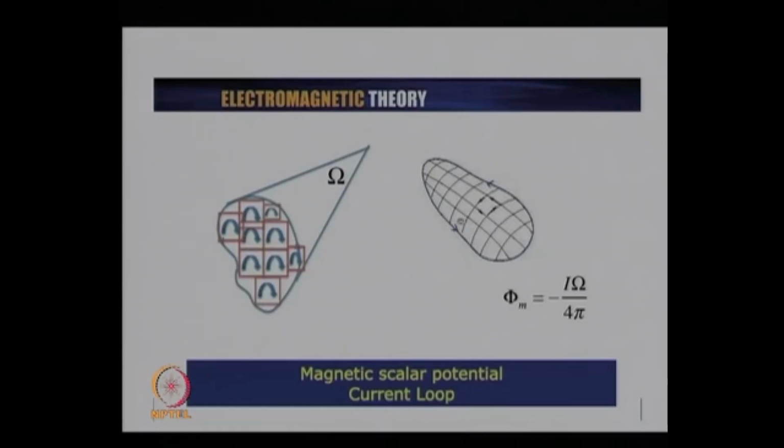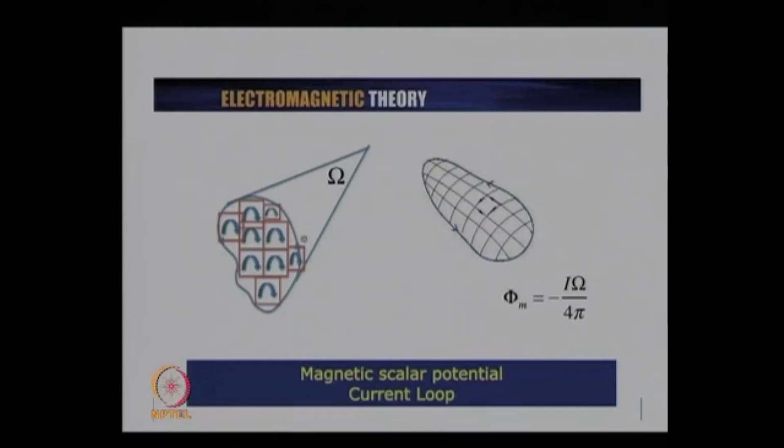Now, I can divide this current loop into a large number of small loops, each one of them behaves like a magnetic dipole. You can see that if you have adjacent loops, then of course, the currents will cancel out from the adjacent loops, leaving me only the outer boundary. This is of course a type of networking that we have done earlier.